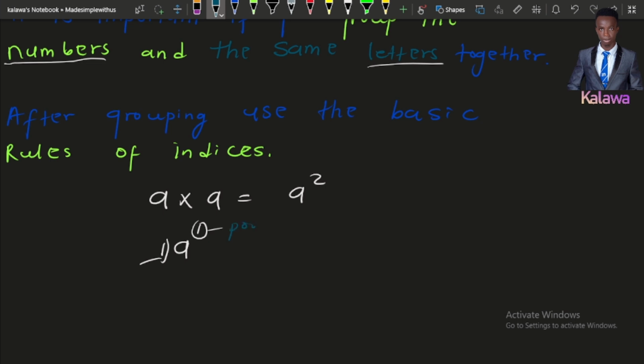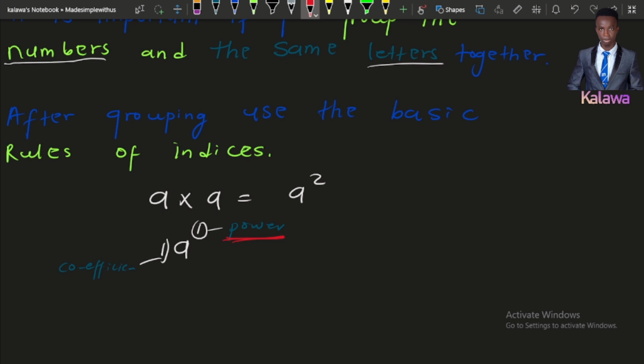This is the power and this is the coefficient. So in multiplication or division of an algebraic expression, we are going to deal with the powers. The powers here are very important.